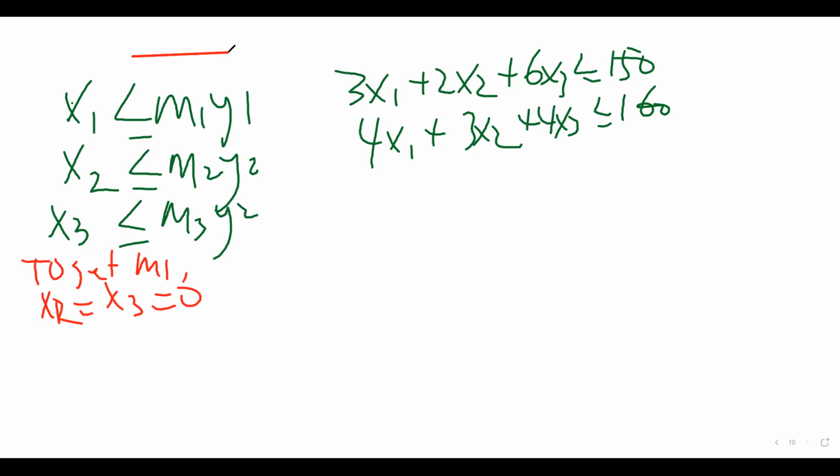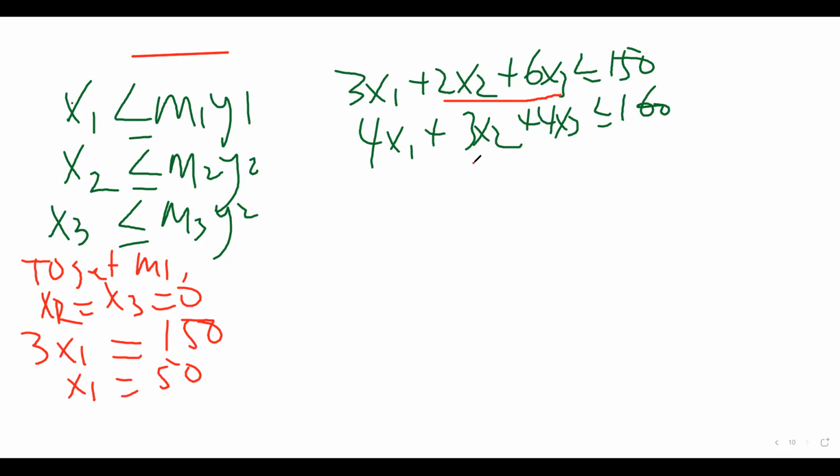So how do we find X1 inside this constraint? Well, we have to assume that X2 and X3 are 0. If this is 0 and this is 0, we are left with 3x1. So 3x1 equals 150, which means that x1 is equal to 50. Then you come to the second constraint.